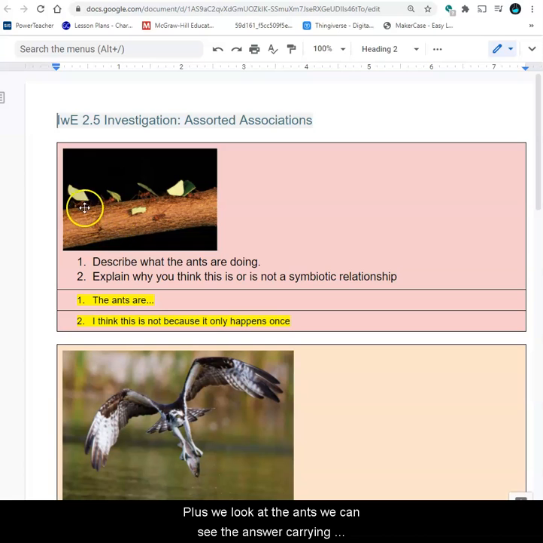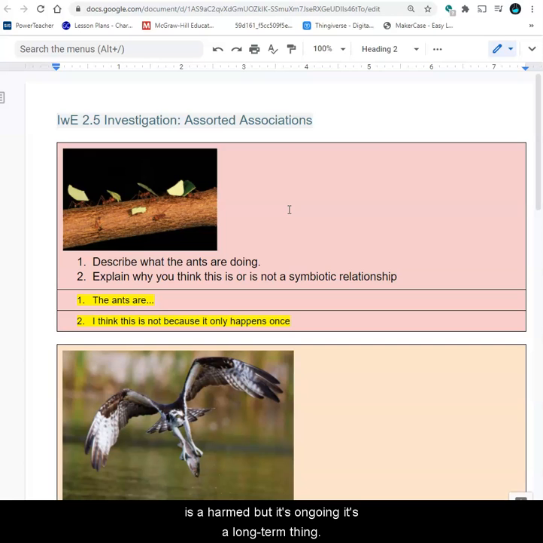So as we look at the ants, we can see the ants are carrying these leaves, and they're carrying them somewhere. And they're just using the leaves once. So symbiotic relationships are more of a relationship where there's an ongoing transfer of some type of energy, or they're using each other to where one benefits or one is harmed, but it's ongoing.